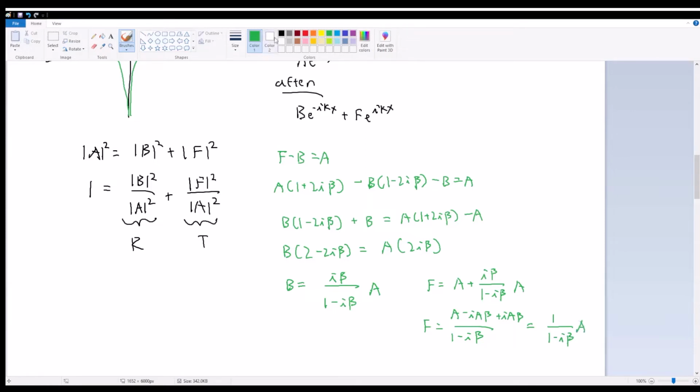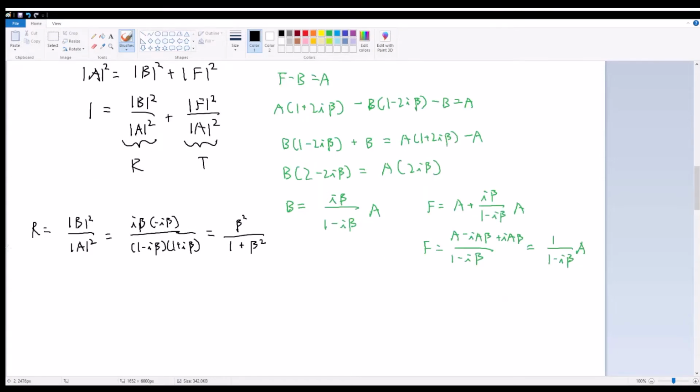If we plug these into our reflection and transmission coefficients respectively, R is equal to |B|² over |A|². That gives us iβ times negative iβ, divided by (1 minus iβ) times (1 plus iβ), and the |A|² cancel out to 1. This gives us β² divided by 1 plus β².